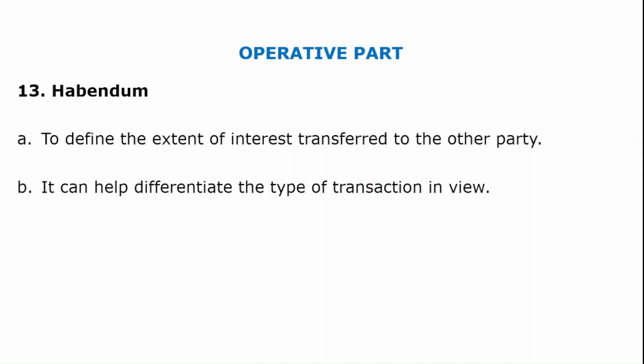There is still reversionary interest. Why? In a sale of land, interest is being conveyed. In a lease, interest is also being conveyed. So the addendum helps you differentiate between a sale of land and a lease in that sense, based on what we have explained.